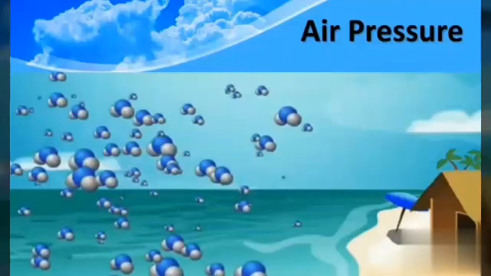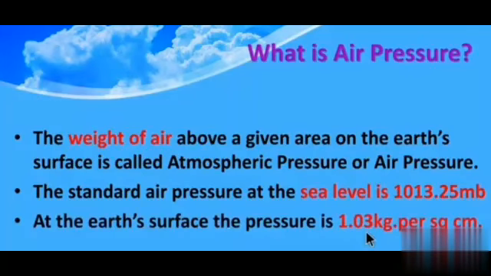Okay? Air pressure. Next topic, air pressure. What is air pressure? The weight of air above a given area on the Earth's surface is called atmospheric pressure or air pressure. The standard air pressure at sea level is 1013.25 mb. MB means millibar.